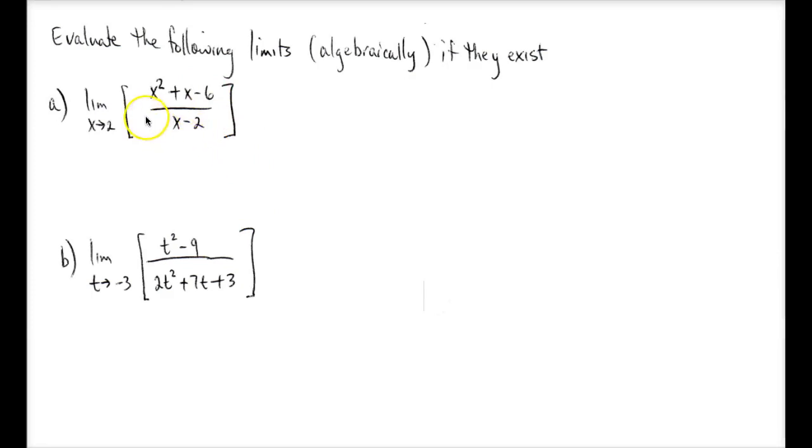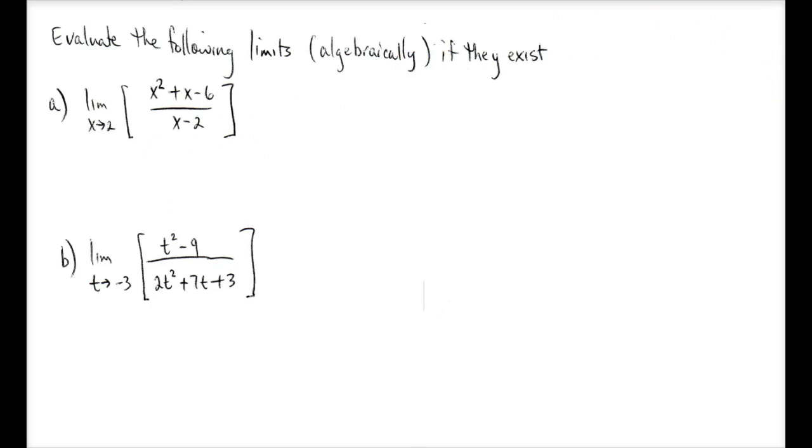All right, so for our first problem, this asks us for the limit of this rational function as x approaches 2 from both the left and the right. We can interpret that as saying we want to know the behavior of this rational function as x approaches 2 from both sides. Now, one thing that we know about rational functions is that they have discontinuities in two different cases.